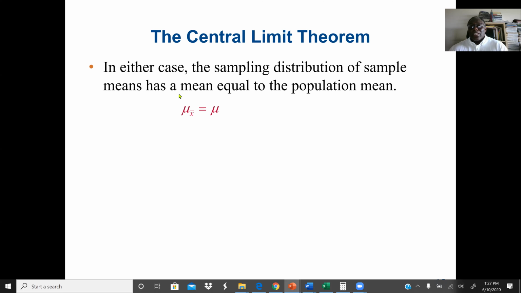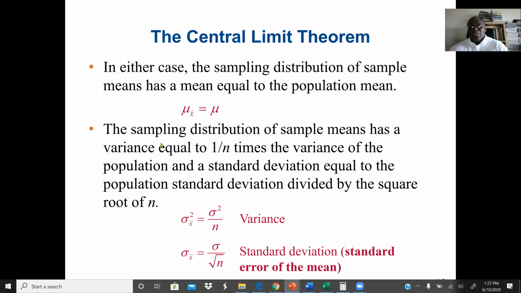So in either case, the sampling distribution of the sample mean has a mean equal to the population mean. Then the sampling distribution of the sample means has a variance equal to 1/n times the variance of the population, and the standard deviation equal to the population standard deviation divided by the square root of n.